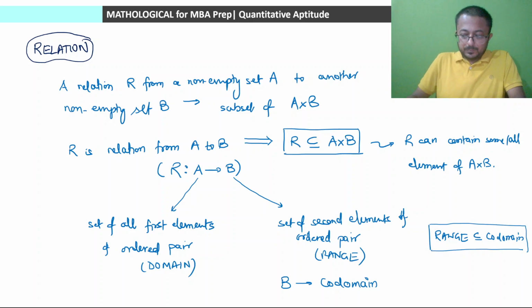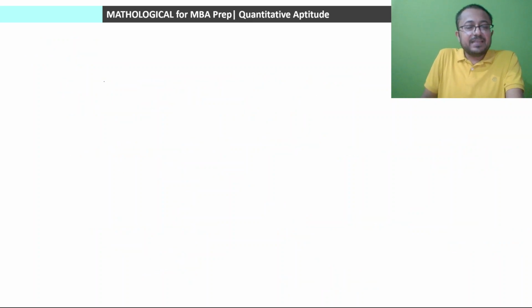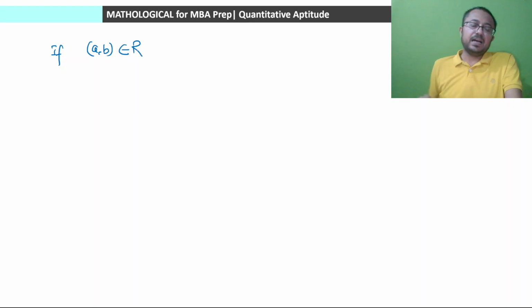Okay. So some more technicality. So if we are saying that A comma B, an ordered pair of A comma B, is the element of our relation R, this can also be written as A R B. यानी कि A is related to B. Order is also important. ठीक है?